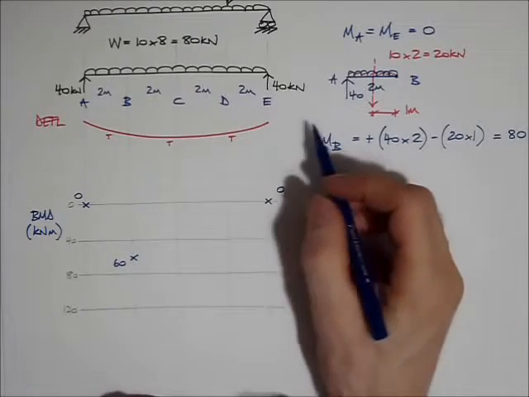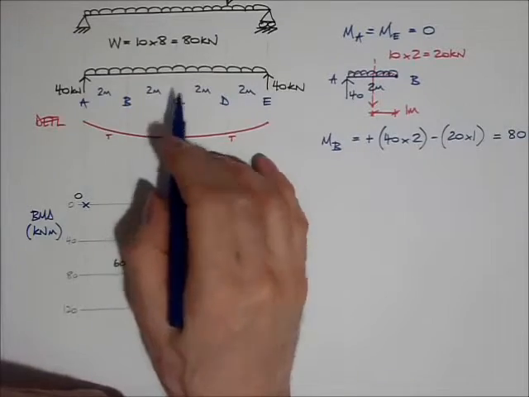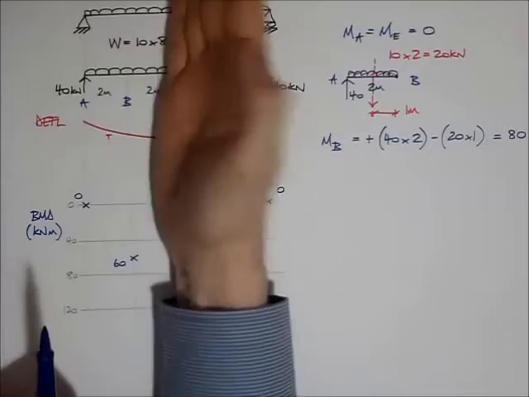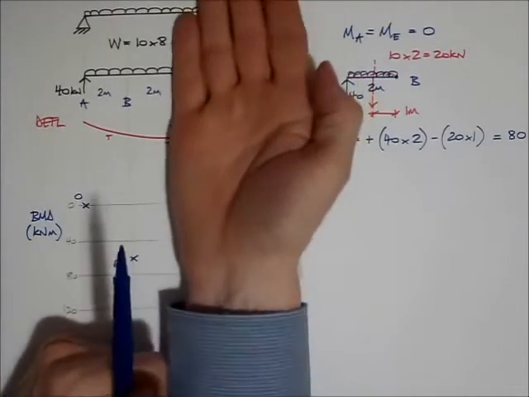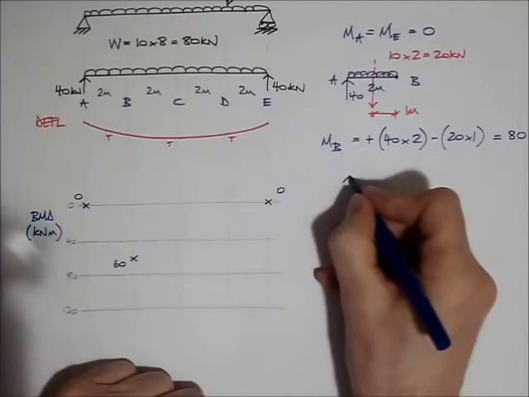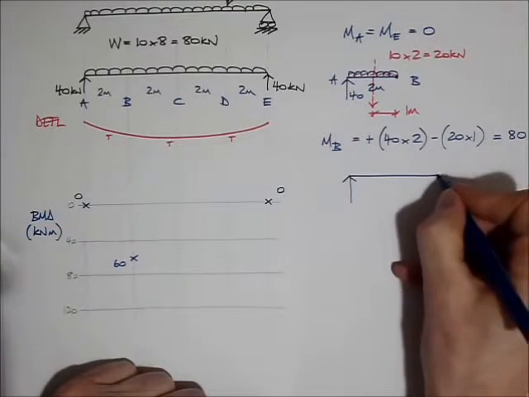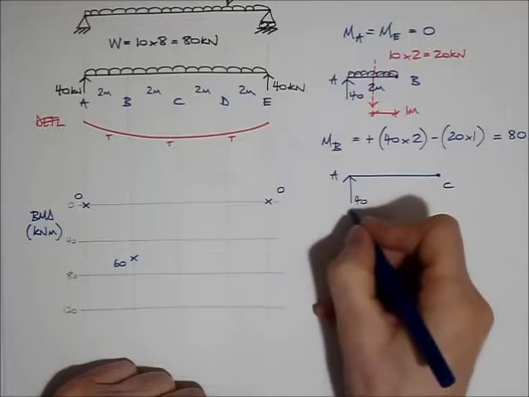Now I'm going to move along. I've done A, I've done B, now I'm going to have a look at C. At C, I need to cut the beam and then look either to the right or to the left. Well, I'm going to look to the left because that's the way I seem to be working. So I'm going to draw out the free body diagram at point C. There, that's A, that's worth 40.